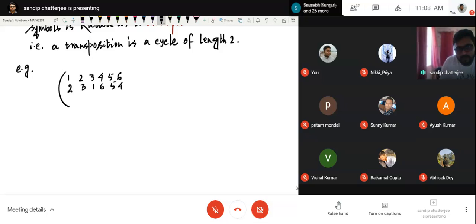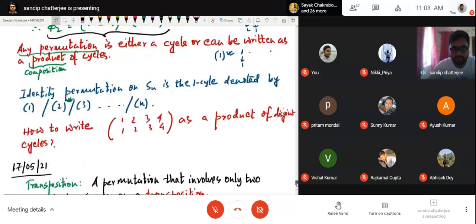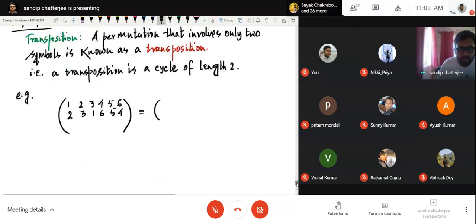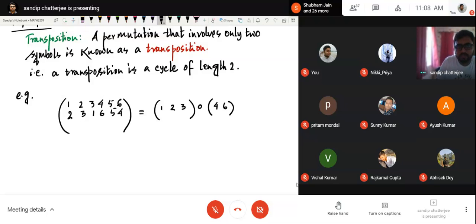This was our phi 2, and we had proved in our previous class that this permutation can be written as a product, the composition of the cycle 1, 2, 3 and the cycle 4, 6. Now that means this actually is a transposition.